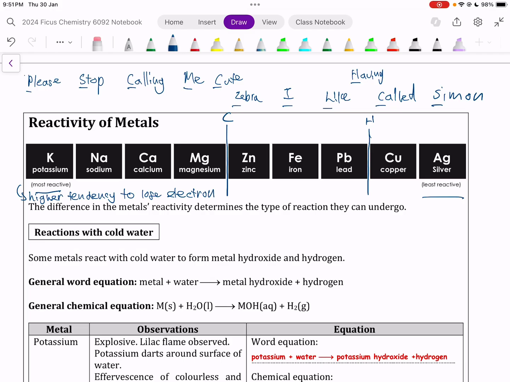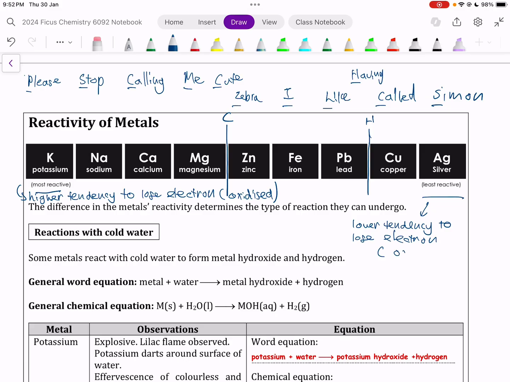That means a higher tendency to be oxidized. The least reactive one has a lower tendency to lose electrons, higher tendency to gain electrons.